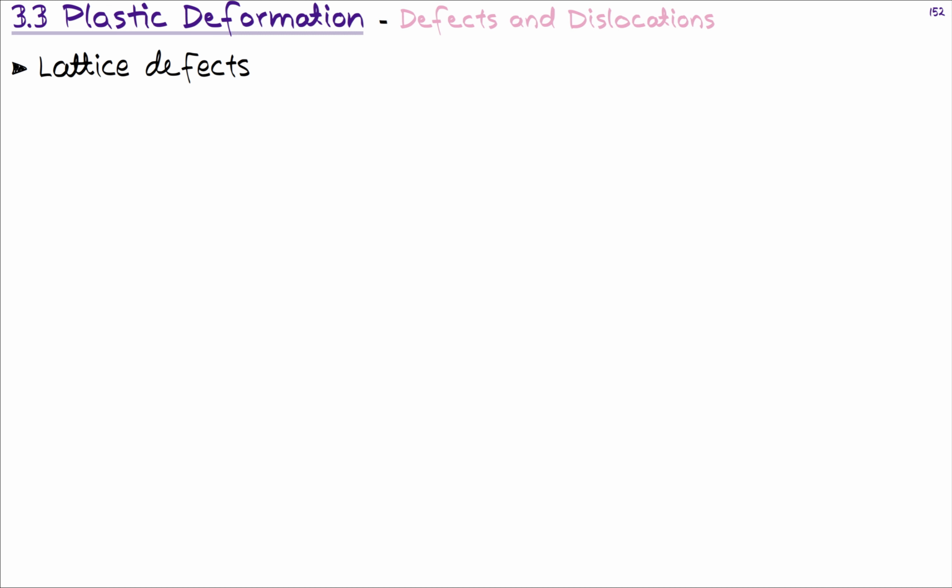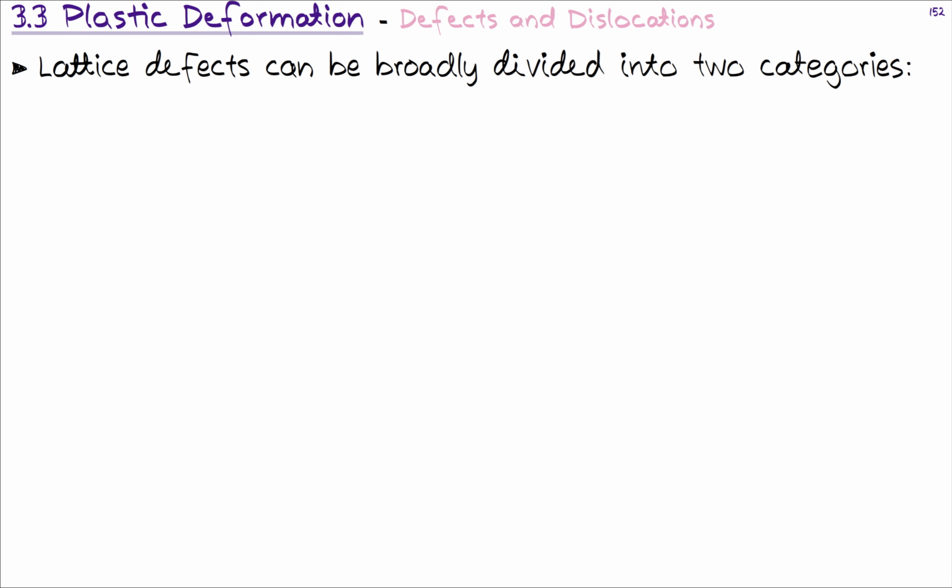So there are these lattice defects, and roughly they can be divided into two different categories. First of all, there are point-like defects, and we call them point defects, and they are localized.